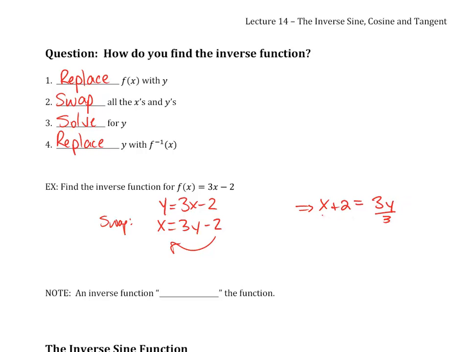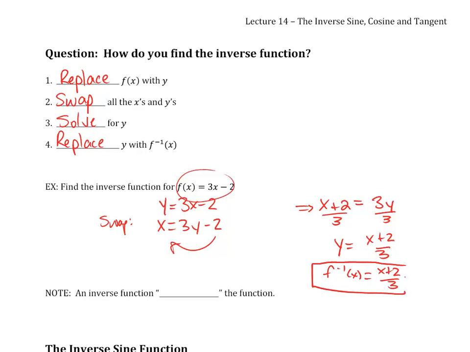Divide both sides by 3. And y is equal to x plus 2 over 3, or f inverse of x, that is the inverse function of this guy, is x plus 2 all divided by 3. And again, the inverse function undoes the original function.